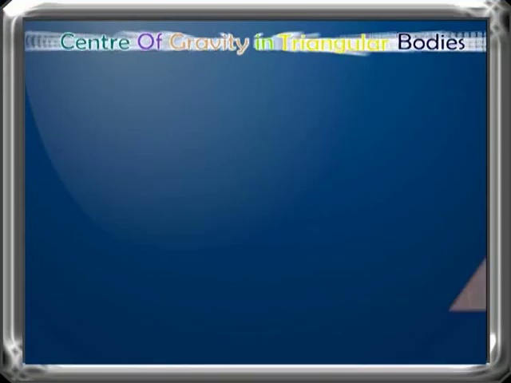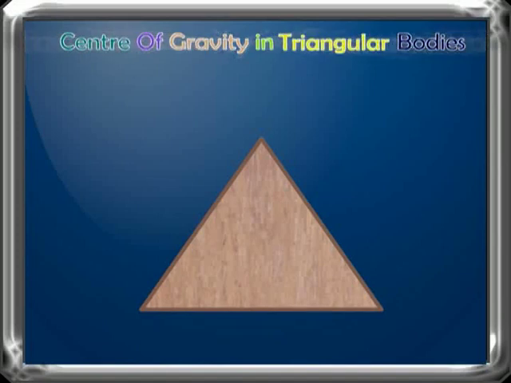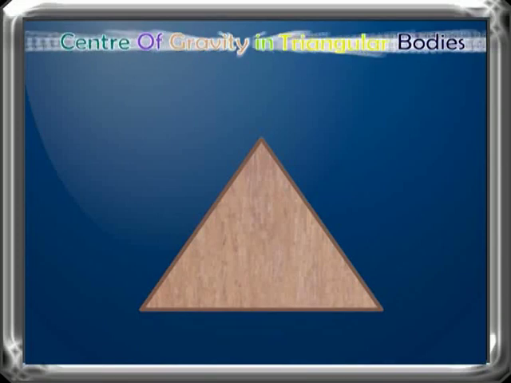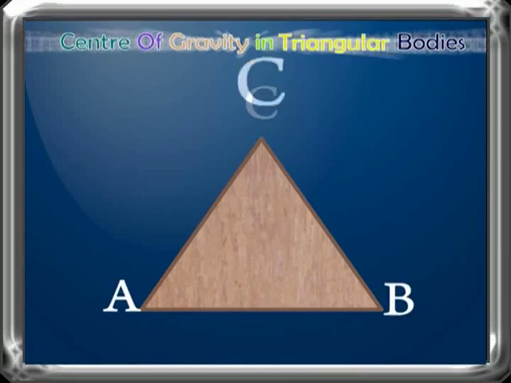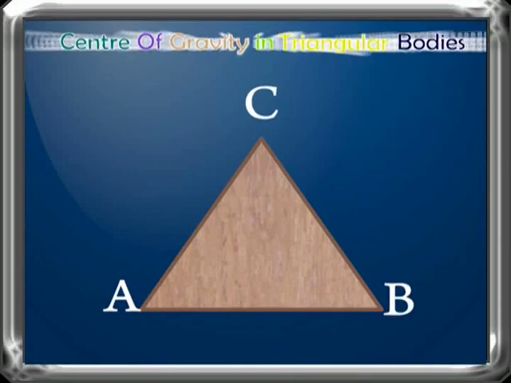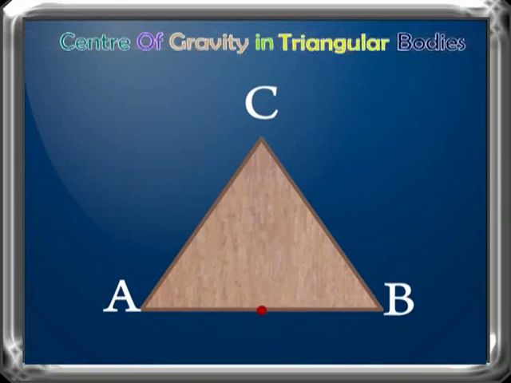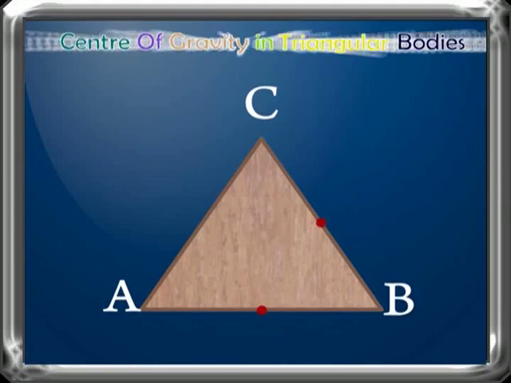Now, let's know center of gravity in a triangular body. To know center of gravity in a triangular body, let's do a scientific experiment. Take a cardboard sheet in triangular shape. Indicate the three corners as A, B and C. Note the midpoints of the sides AB, BC and AC.